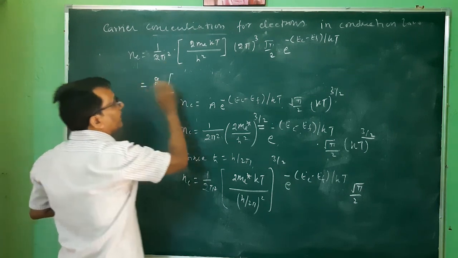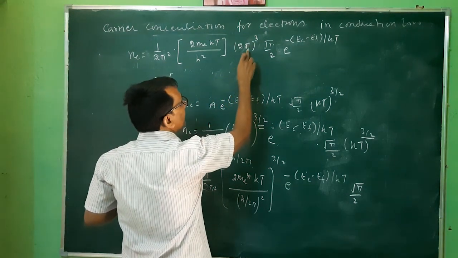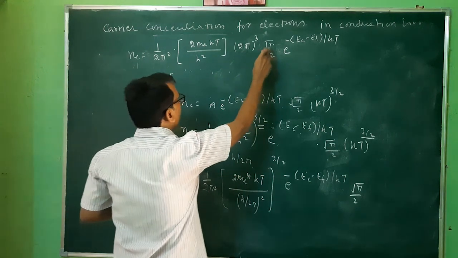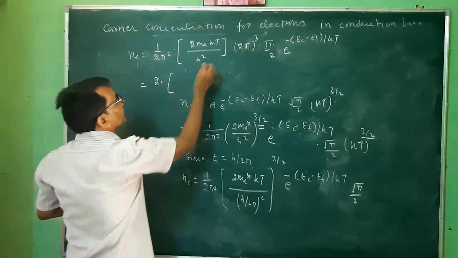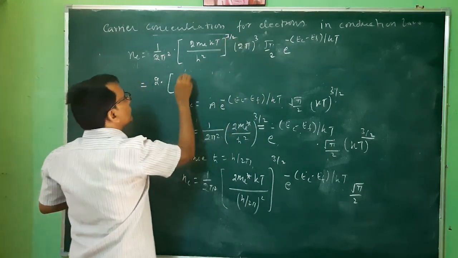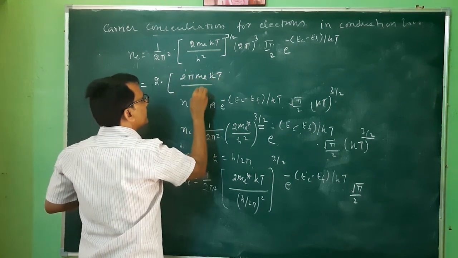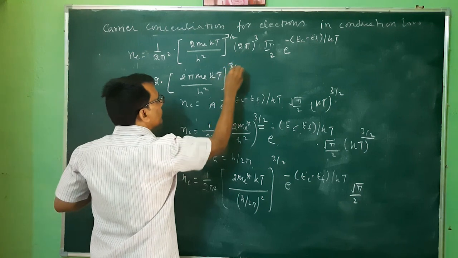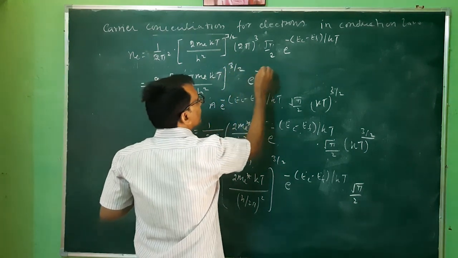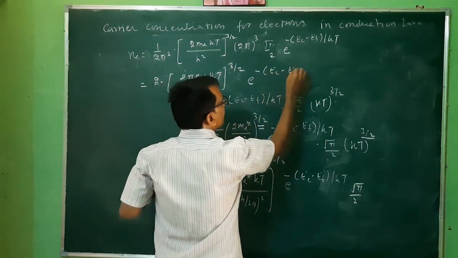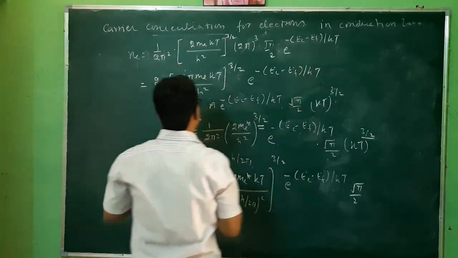Now this pi square is cancelled, 1 pi will remain here, and there is the root of pi, so that will be pi to the power 3 by 2. So this is 2 pi me kT by h square to the power 3 by 2 exponential of minus (Ec minus Ef) by kT.